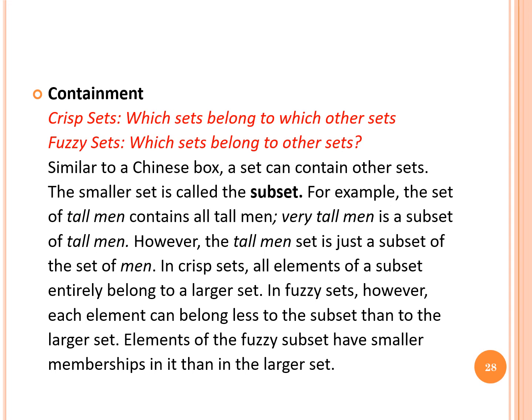So in crisp set, all elements of a subset entirely belong to a larger set. In fuzzy set, however, each element can belong less to the subset than to a larger set. Elements of the fuzzy subset have smaller membership in it than in the larger set.